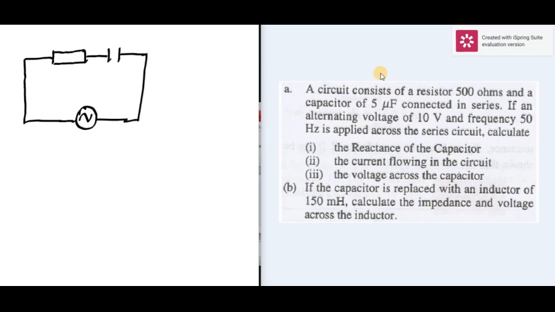The resistor is 500 ohms. The capacitance of the capacitor is 5 microfarad. The root mean square voltage source is 10 volt root mean square. The frequency is 50 Hz.